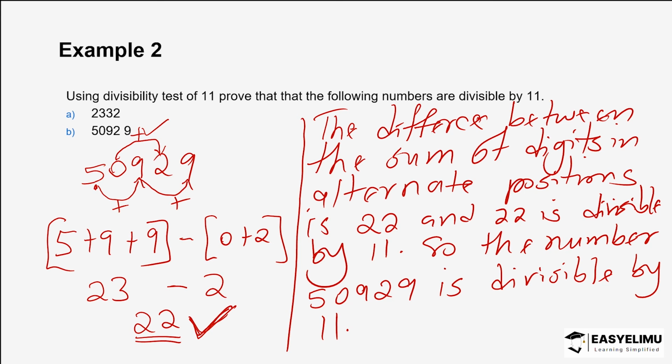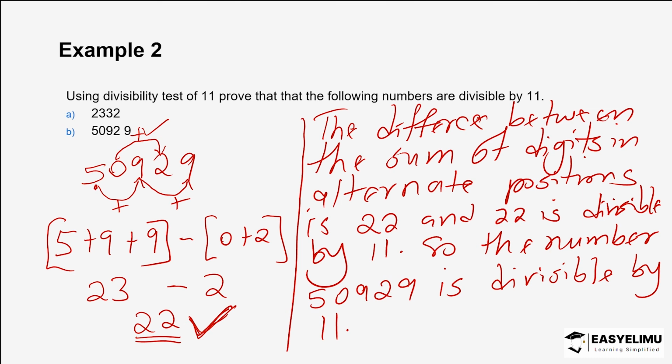So you restate the condition that is given. Remember, the condition we're looking for is that the difference between the sum of digits in alternate positions should either be a 0 or should be a number that is divisible by 11. So we have done the subtraction of the sum of digits in alternate positions, and our answer is 22. So this 22 is one of the conditions that we're looking for.